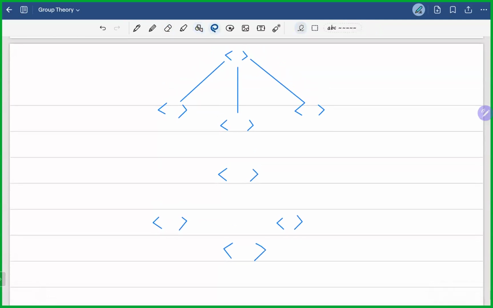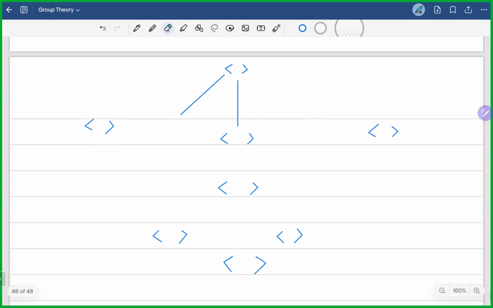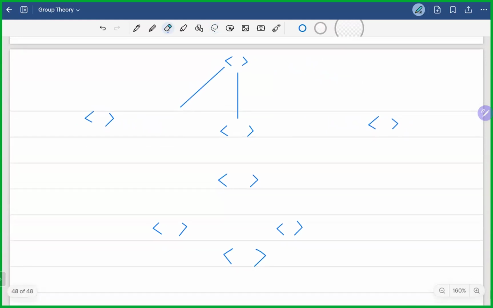Okay. Now let me adjust them. These two are fine.